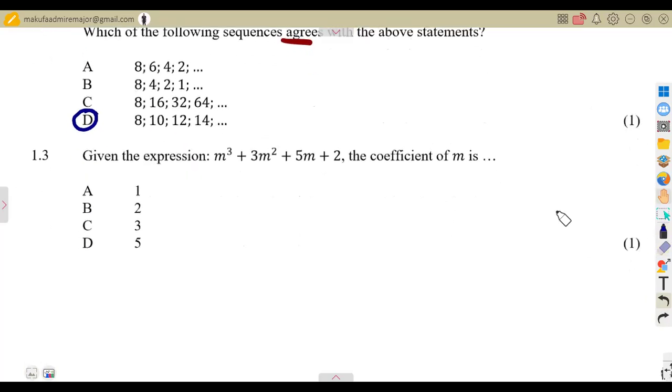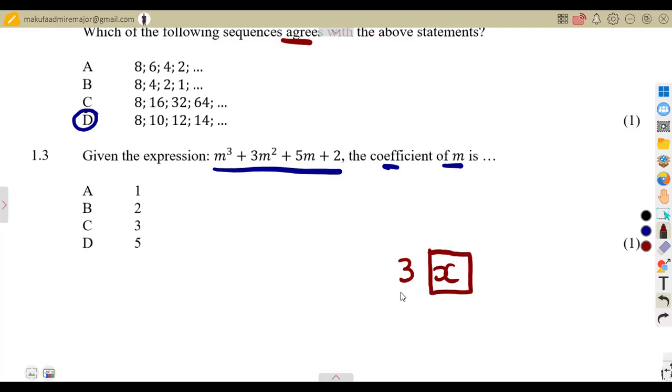All right. Then we are given 1.3. Given the expression, from this expression that we are given, the coefficient of m is what? Remember, the coefficient is the number that is affecting a letter. The coefficient of the letter x is 3, the number that is affecting x.